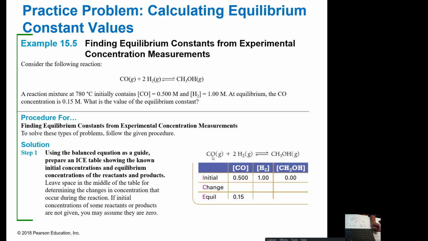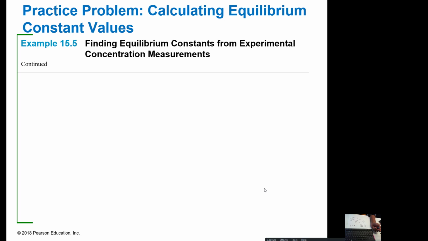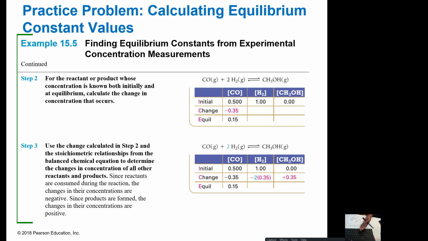So you know this reaction is 1 to 2. So then what about this one? If 1 reacts, 0.35, then 0.7, right? So negative 0.35, negative 0.7 for hydrogen, and 0.35 formed, because for this reaction we look at the stoichiometric ratio, 1 to 2 to 1.